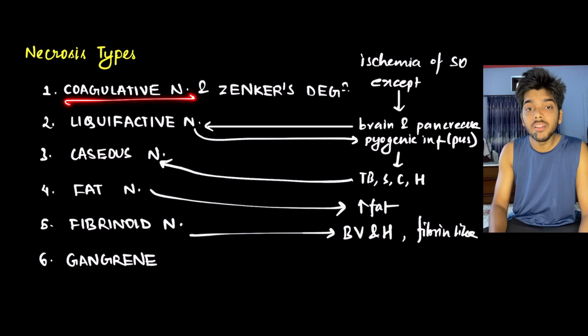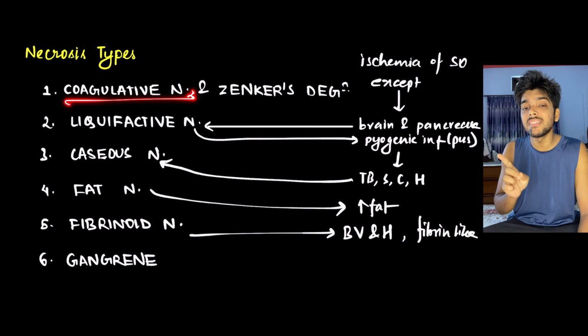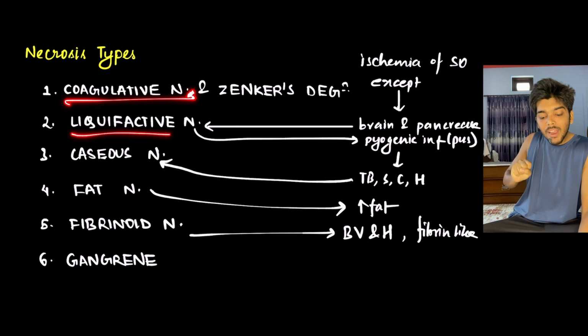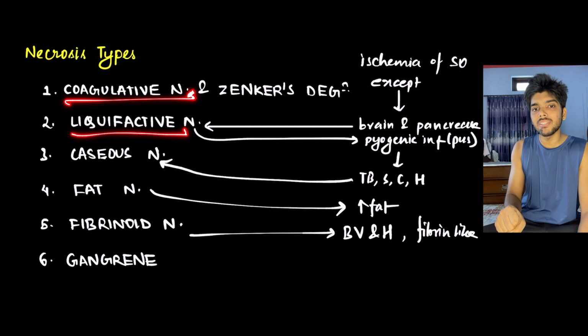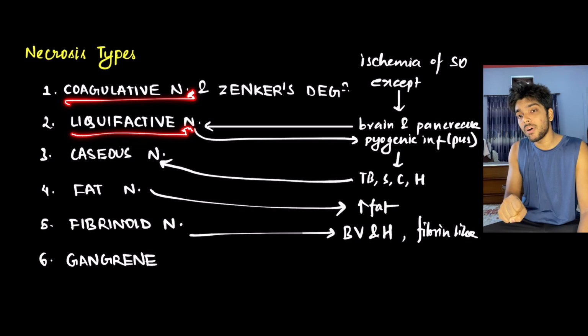Coagulative necrosis due to ischemia of solid organs except brain and pancreas. So take that and put it in liquefactive necrosis. So in liquefactive necrosis, it is due to ischemia of brain and pancreas, plus due to pyogenic infection leading to formation of pus, except TB, syphilis, coccidiomycosis, and histoplasmosis.